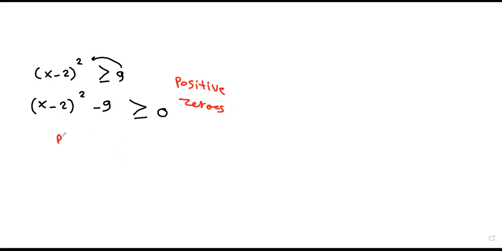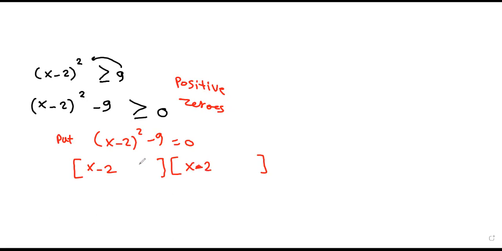So put x minus 2 squared minus 9 equaling 0. And after that, factorize. This kind of factorizing is the difference between two squares. So it's x minus 2 and x minus 2, and plus 3 and minus 3 equaling 0.